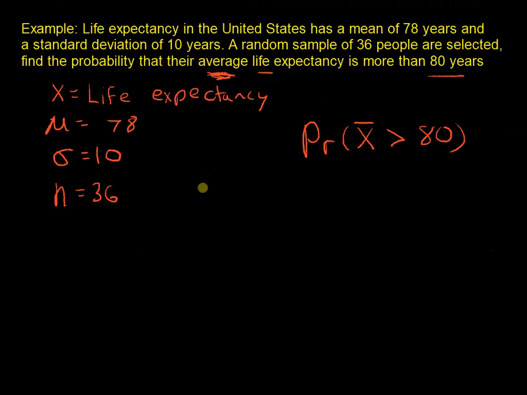All right. So now, once we've noticed that, we need to ask the question, can I assume that the distribution of x bar is normal? Because if I can't, then I can't answer this question, because it doesn't say that the distribution of x is normal. It doesn't give us anything about the distribution of x.